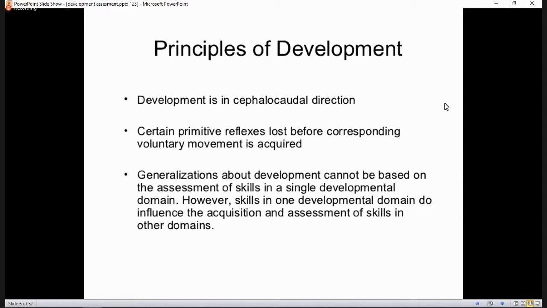So we will discuss later in the lecture. The main purpose here is how to assess a child, development assessment.